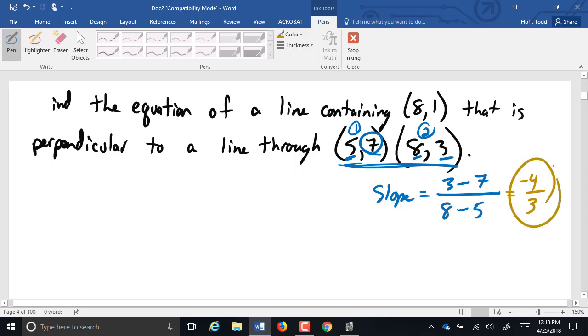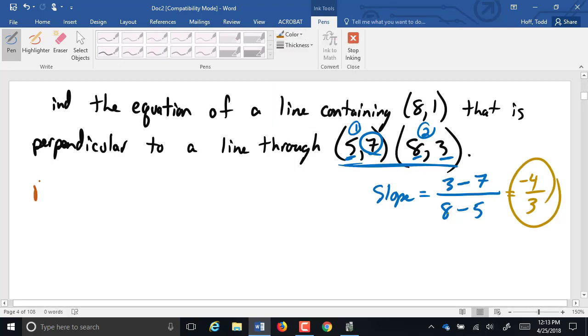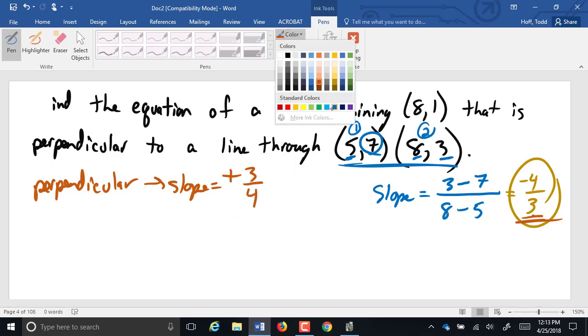So I get a negative 4/3 slope. For my perpendicular, the slope of that line has to be the opposite reciprocal. This one's negative, so the slope of the perpendicular is positive. Reciprocal, this is 4/3, so the perpendicular has a slope of 3/4.